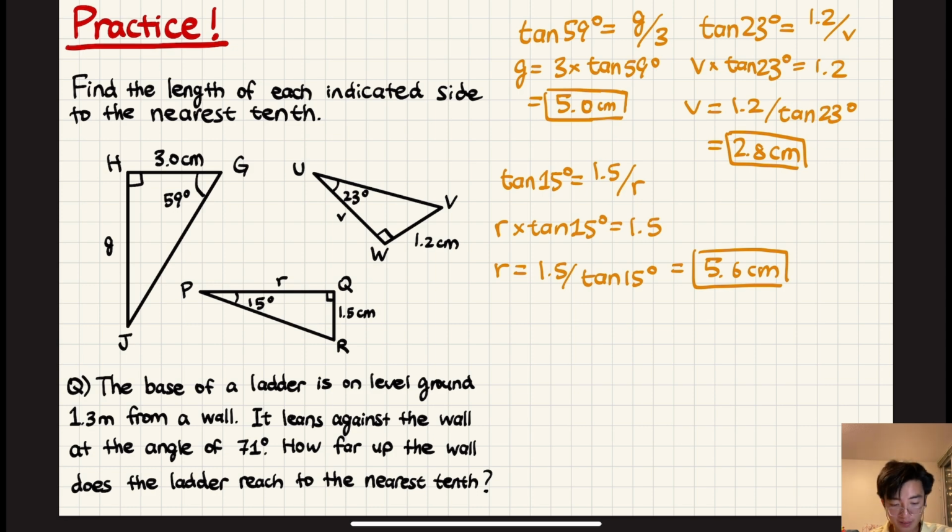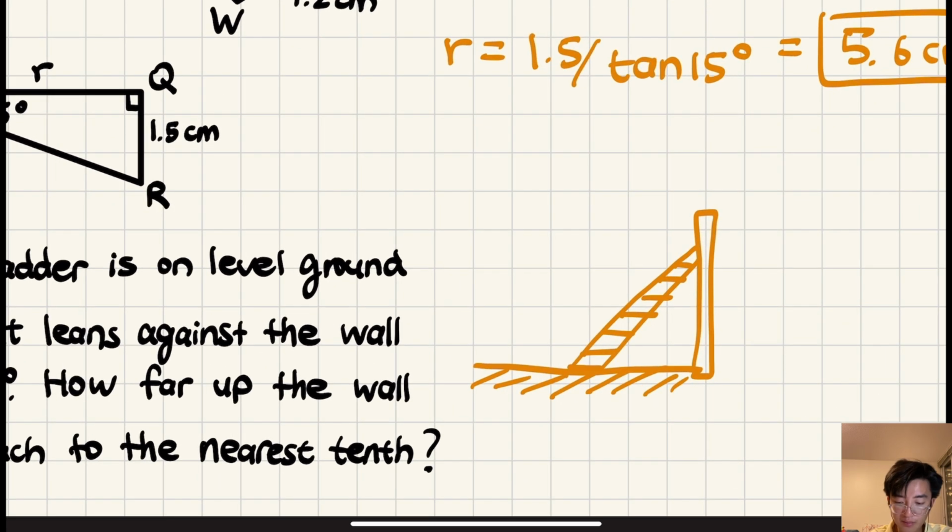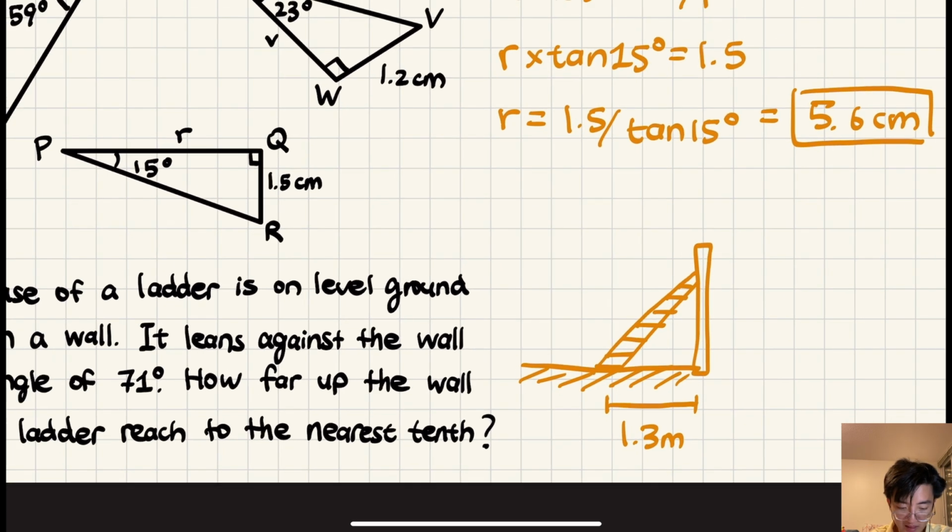And now here's the word problem. The base of a ladder is on level ground 1.3 meters from a wall. So we have the ground here, we have a wall here, and we have a ladder right here. It is 1.3 meters from the wall, so this distance here is 1.3 meters.